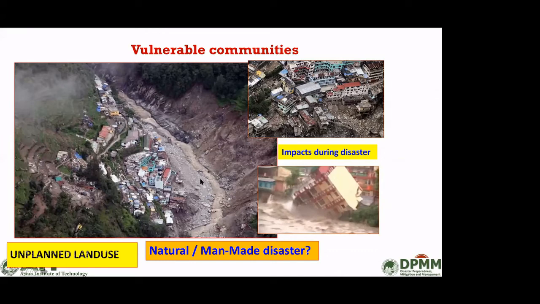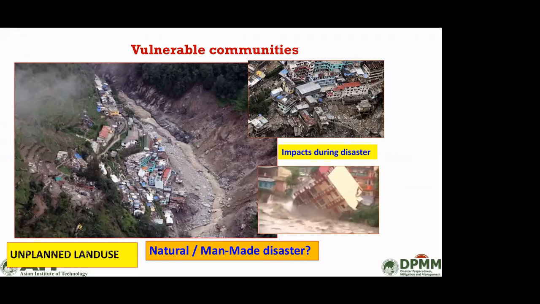And I'm sure you are aware of the 2013 flash flood in Uttarakhand. This is the picture from the 2013 Uttarakhand flash flood. I'm not sure, but at that time it was talked about natural and man-made disasters. So what category will that disaster fall in? Is it a natural disaster or a man-made disaster? Because it occurred naturally, it started naturally because of the heavy rainfall and all this. But the disaster occurred due to human interventions.